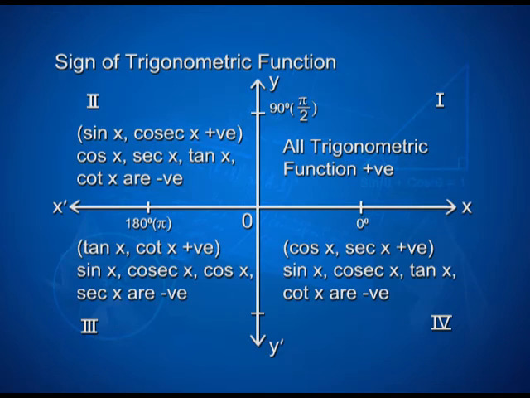Whereas, in the third quadrant, tan x and cot x are positive and sin x, cosec x, cos x and sec x are negative. In the fourth quadrant, cos x, sec x are positive, whereas sin x, cosec x, tan x and cot x are negative.